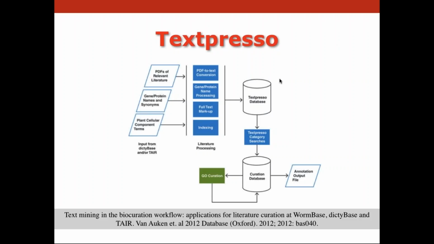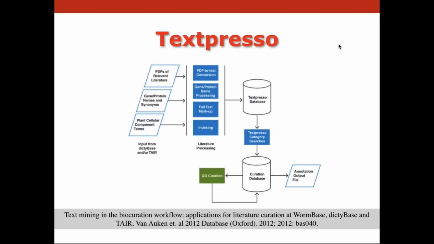What Textpresso can do is, given on the left a number of PDFs of relevant literature, and gene product names and synonyms that it can use as a search base, and for TAIR, some plant cellular component terms. So essentially you have your literature and your list of genes you're interested in.